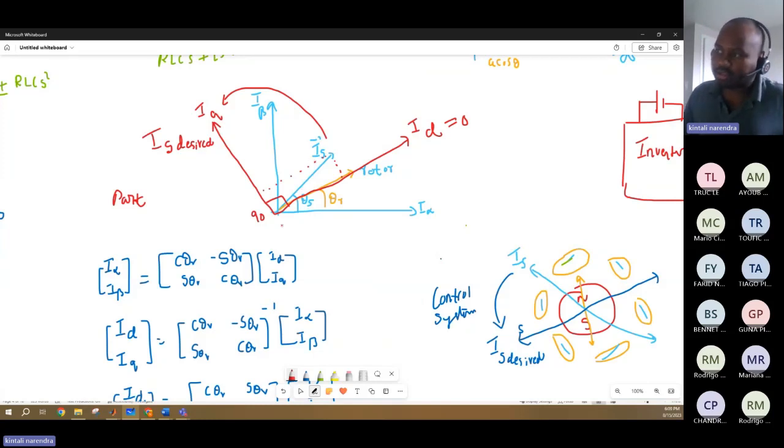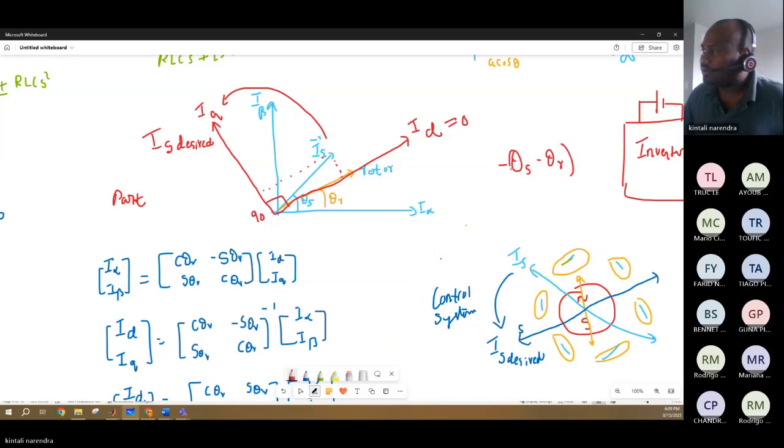Then only you can take it here because you're finding IS projections with respect to the rotor. So the angle to rotate IS to IQ is 90 minus theta s minus theta r. The theta s minus theta r is the IS angle.